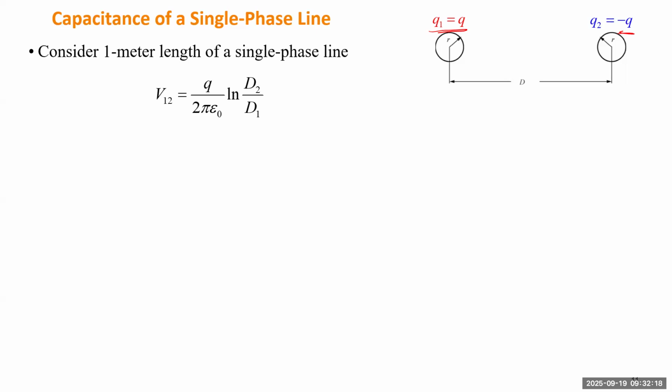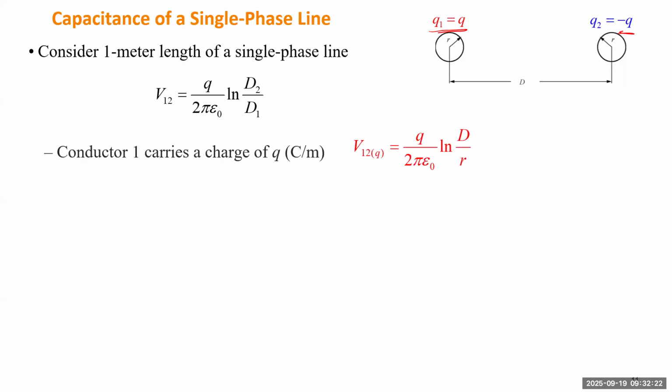So let's calculate the capacitance for those two conductors. Conductor 1 carries a charge Q. This charge is just a unit we consider for each meter, coulomb per meter, C per meter. So in this formula, D2 will be the distance, and D1 will be the radius.